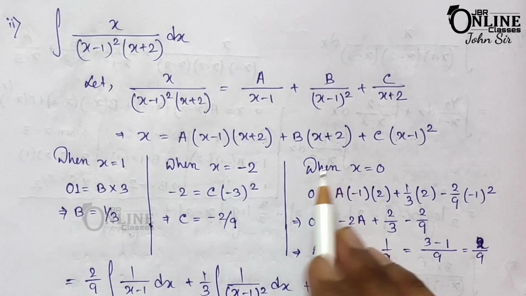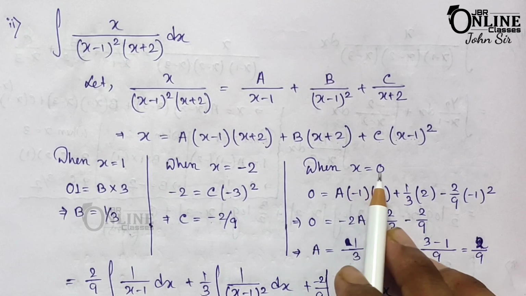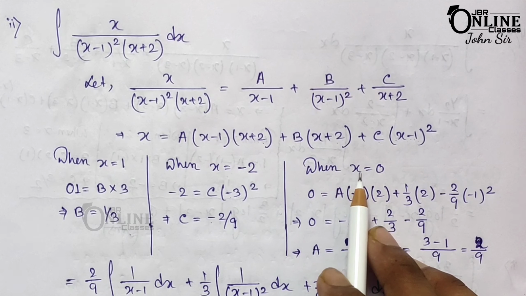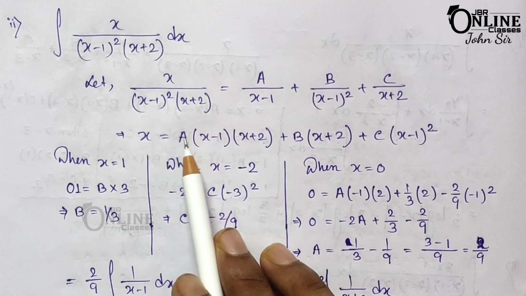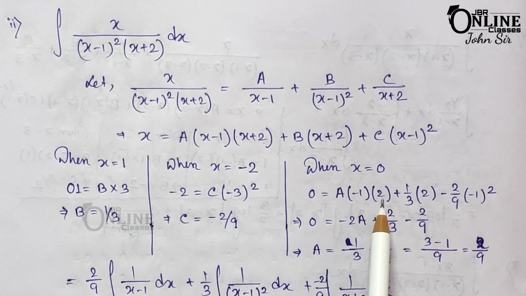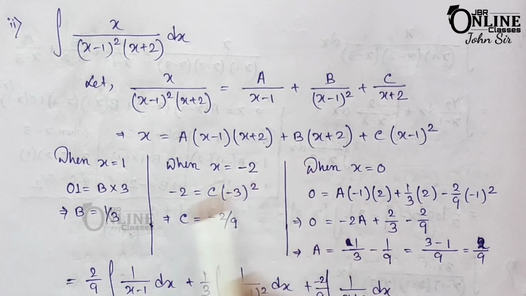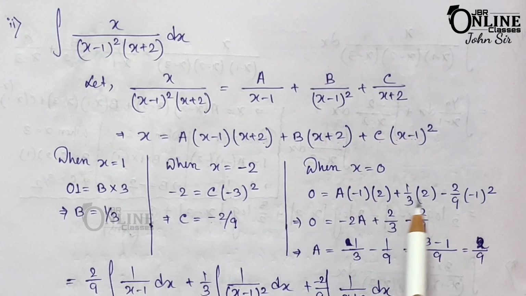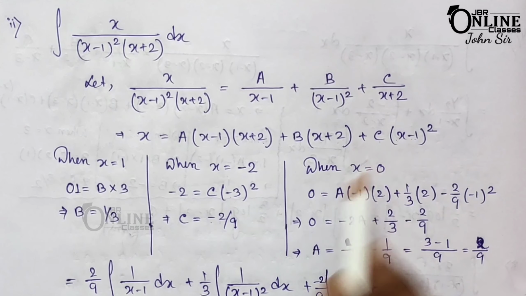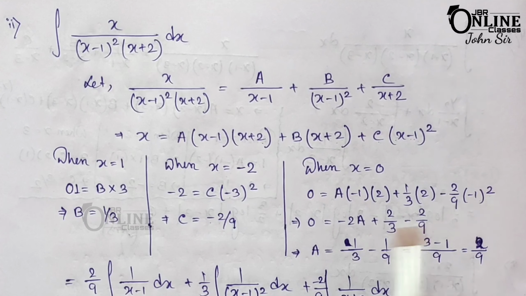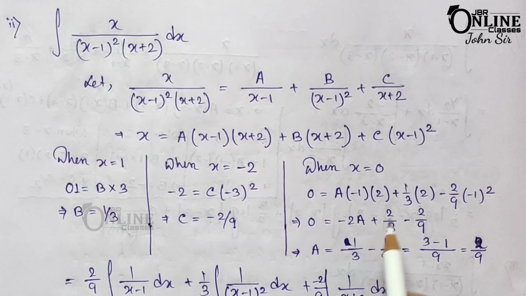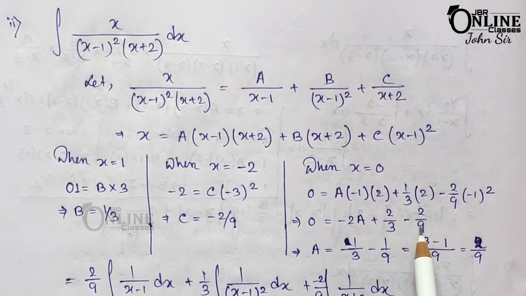Now the third one, when x equal to 0. Okay, so if x equal to 0, then the left hand side equal to 0. Here a into minus 1 into 2 plus b, which means 1 by 3, so 1 by 3 into 2. And here c means minus 2 by 9, so minus 2 by 9 into minus 1 whole square. So it will be minus 2a plus 2 by 3 minus 2 by 9.